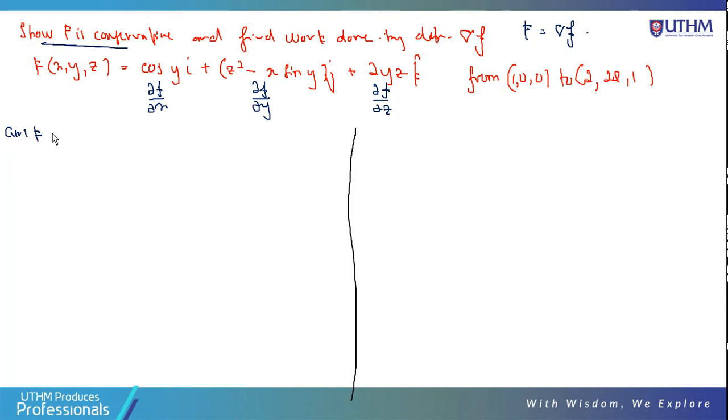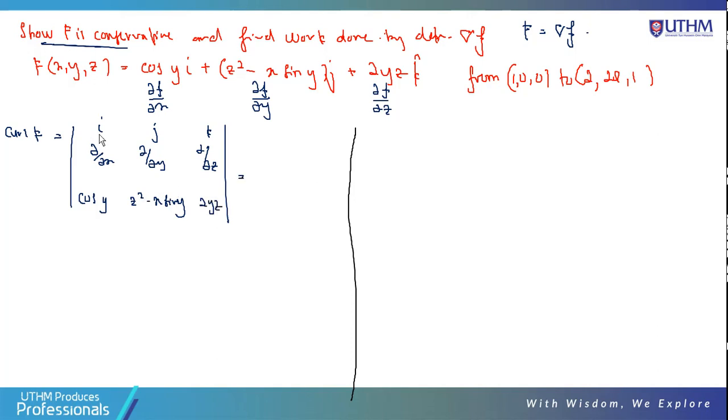So curl F equals the determinant of i, j, k, partial x, partial y, partial z. Okay, so this one is cos y, here z squared minus x sin y, this one 2yz.